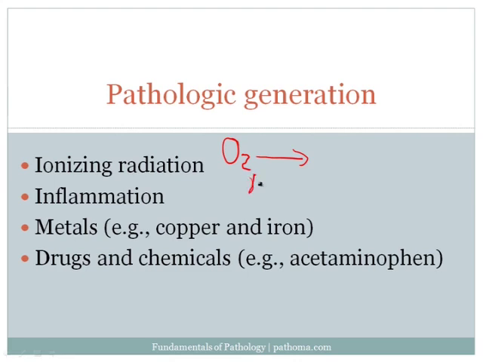The enzyme is called NADPH oxidase. NADPH oxidase takes oxygen and converts it to superoxide. That's the very first step. Superoxide will very quickly be converted by superoxide dismutase to hydrogen peroxide. And then hydrogen peroxide is converted by myeloperoxidase to form bleach, or HOCl.